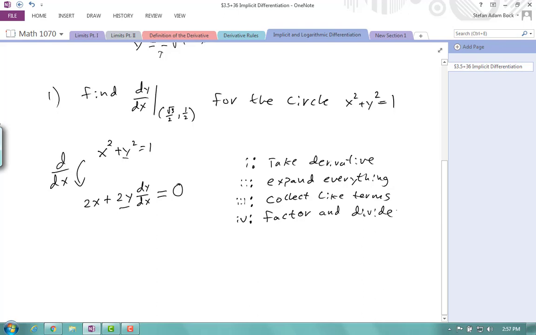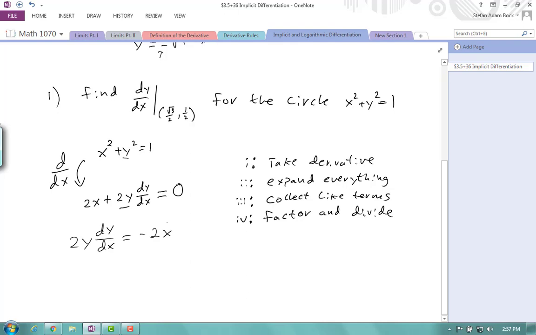So I've already taken the derivative. I don't need to expand anything because my derivative ended up being fairly simple. I want to collect like terms, and what I mean, I want to collect all of my dy/dx's on one side with all the extra junk on the opposite side. So I'm going to have 2y dy/dx equals negative 2x. And then I want to factor and divide.